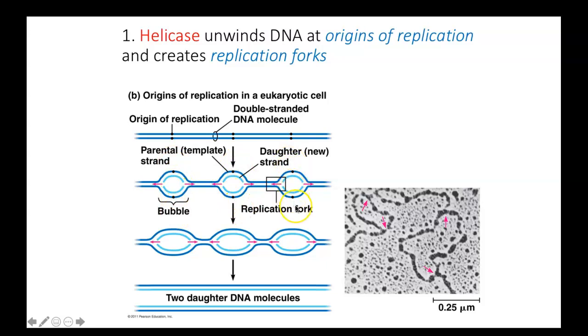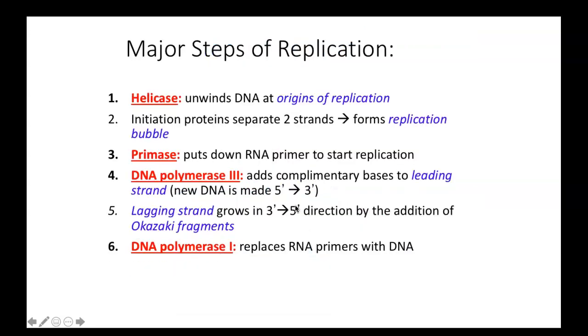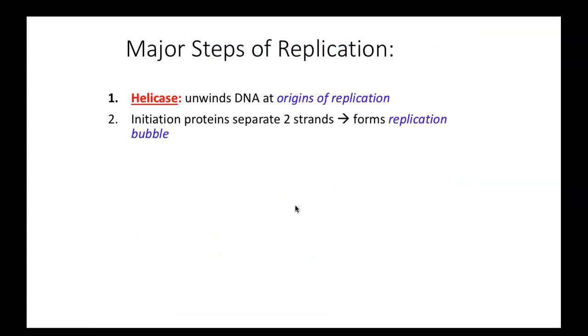And then under step 2, write down: initiation proteins separate the two strands to form a replication bubble. Go ahead and pause if you need time to write because I'm going to move on.